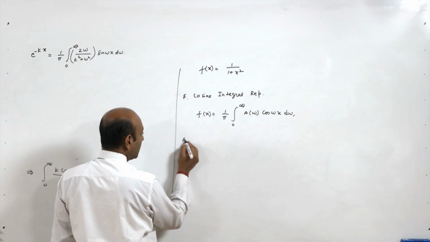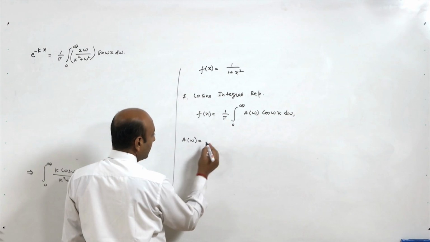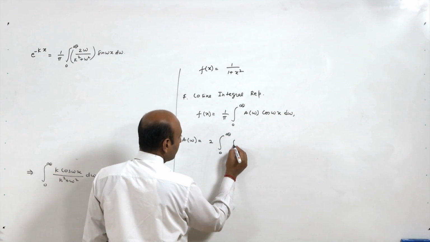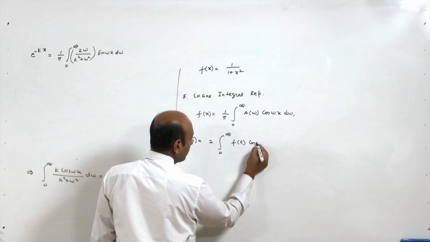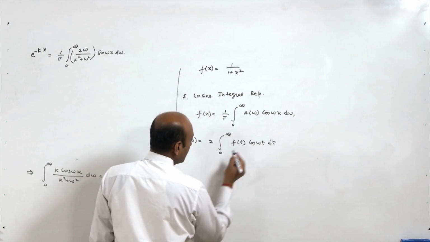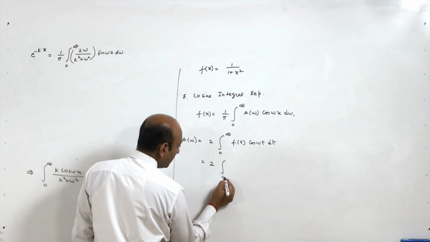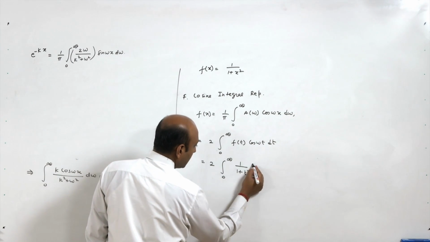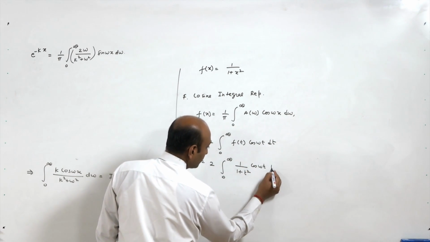Now, where a omega is 2 times integral 0 to infinity f t cos omega t dt. So, this is 2 times integral 0 to infinity, what is f t? 1 upon 1 plus t square, and it is cos omega t dt.